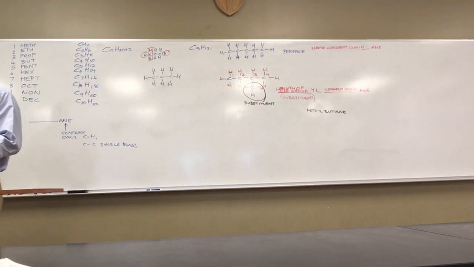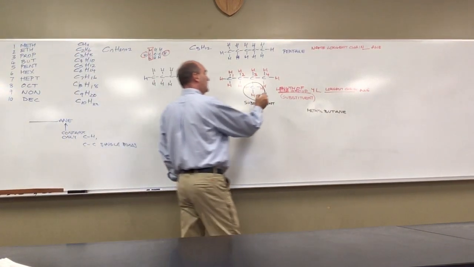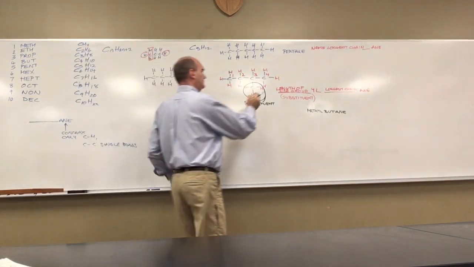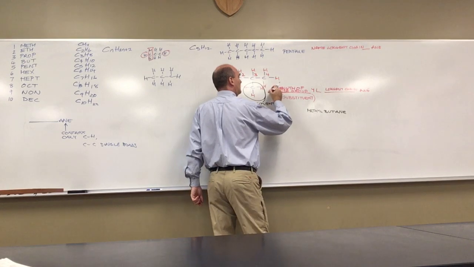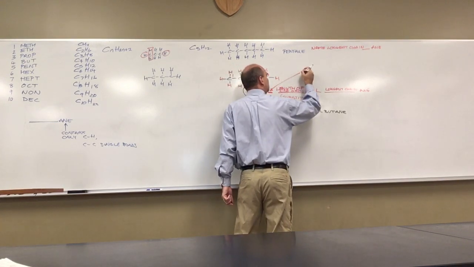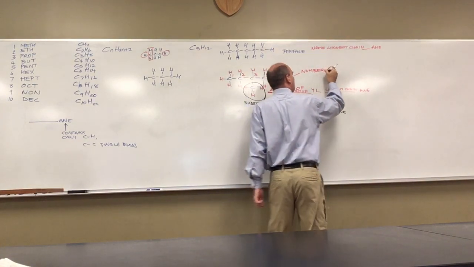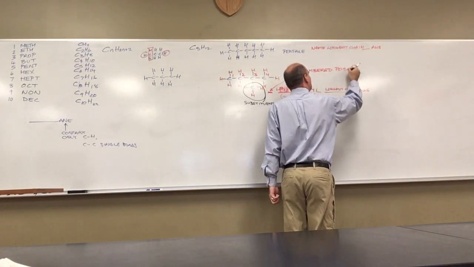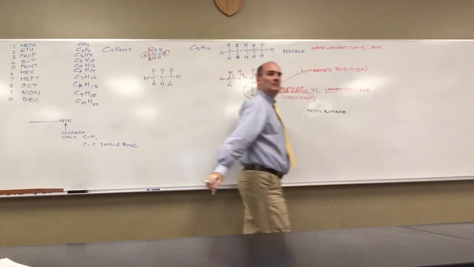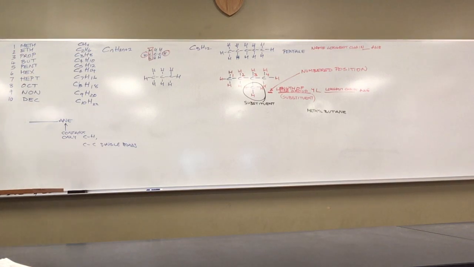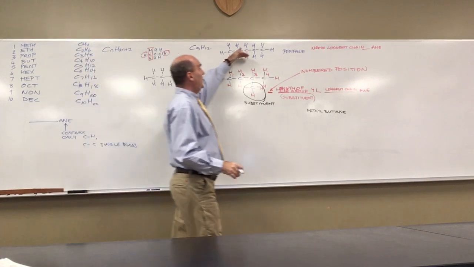And that's almost the correct answer, except the thing that goes right here. I had the red pen in my hand. Is the numbered position that the substituent occupies. So this is a straight line.